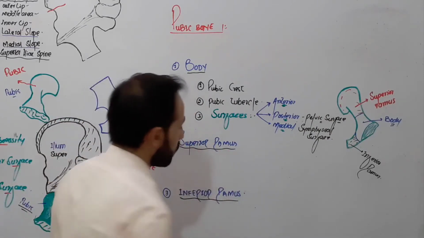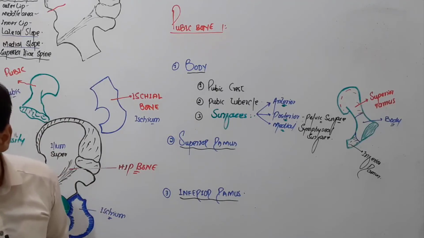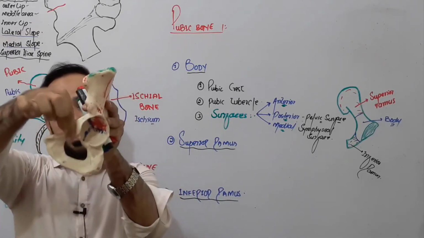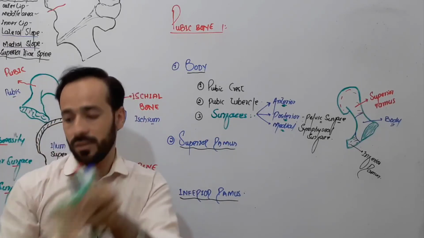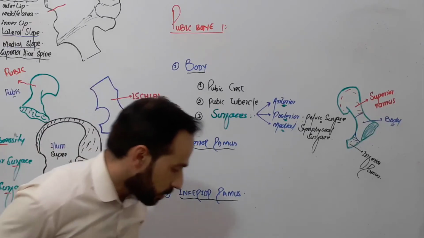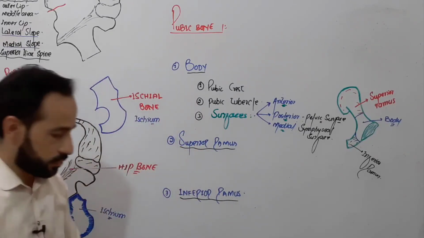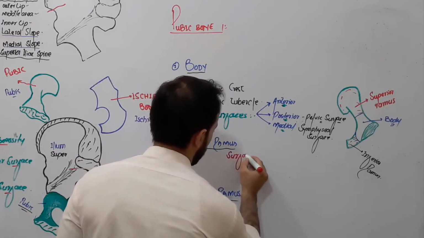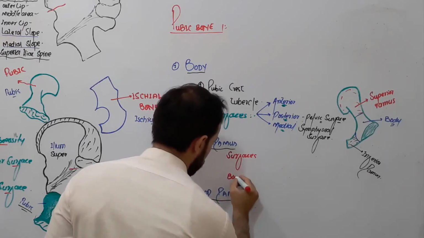Now, there is the superior ramus. I have shown you the superior ramus, and let's see it once again. This superior ramus has certain important parts. What are those parts? It has surfaces and borders.